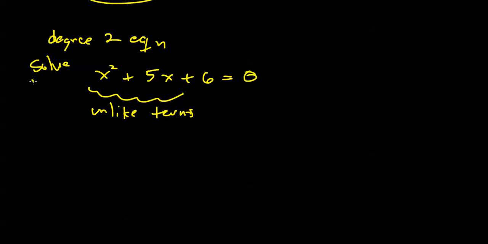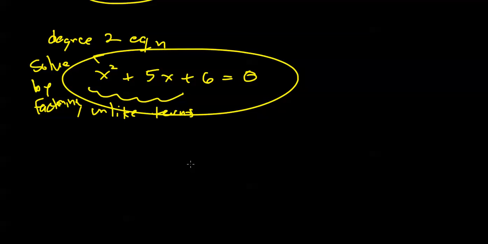I'm going to solve this by factoring. If I see this equation, x squared plus 5x plus 6 equals 0, I can't combine unlike terms, but if the trinomial is in standard form, I can break it down to a product of two binomials. I can break this down as x plus 2 times x plus 3 equals 0.